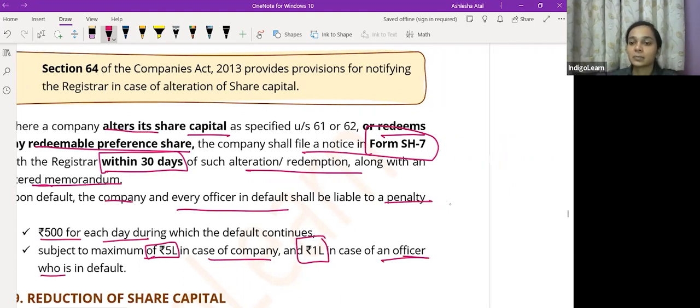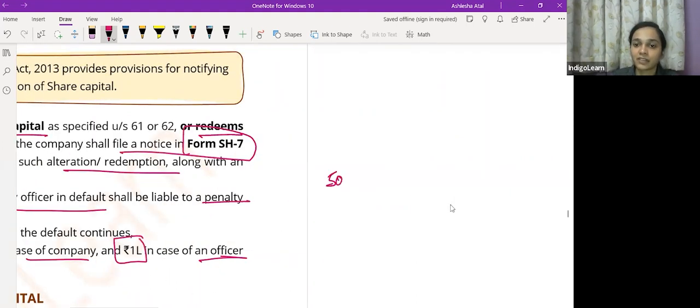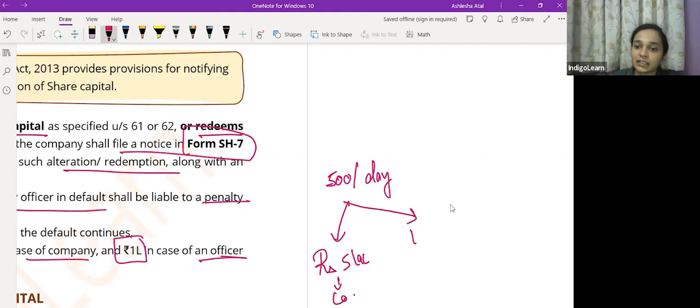So basically the penalty is 500 per day till the day up to which the default continues. However, it is subject to maximum of rupees 5 lakh in case of the company and 1 lakh in case of officer in default. Here, so this was section 64.